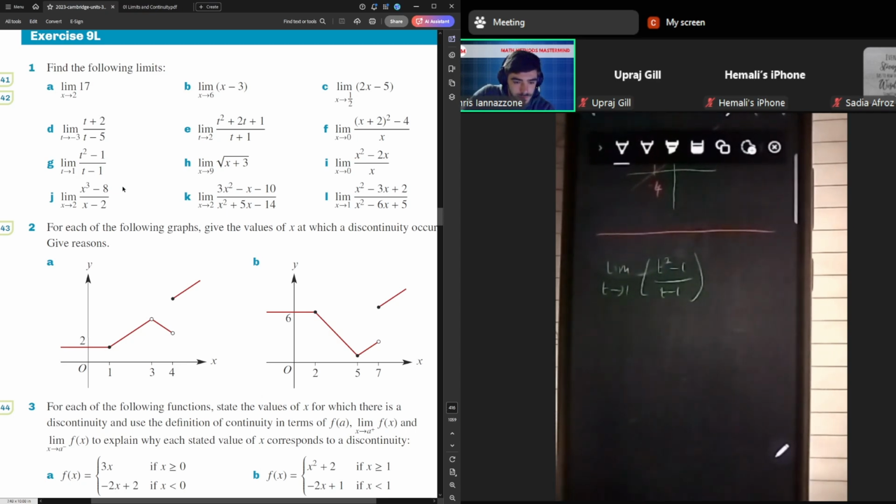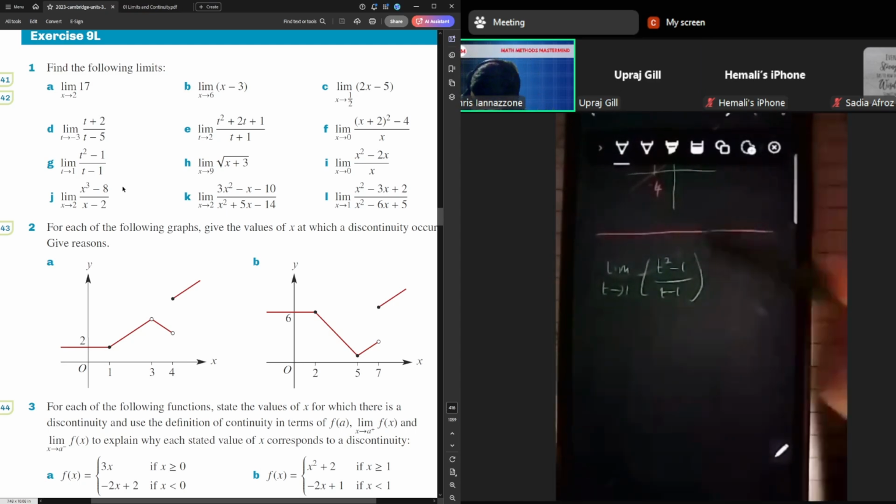What are we going to do? Do you want to factorize t squared minus 1 to t plus 1 times t minus 1 and then cancel out the common terms?